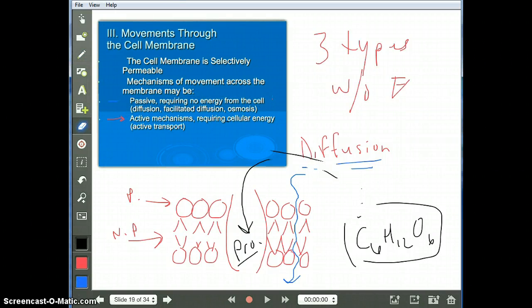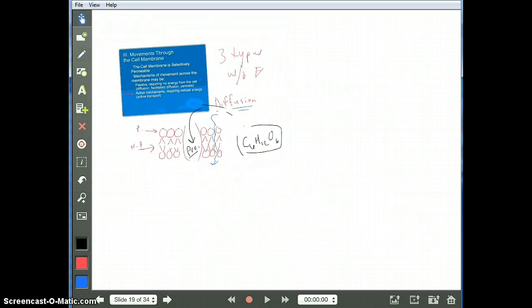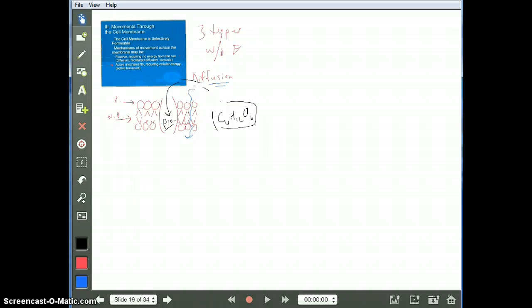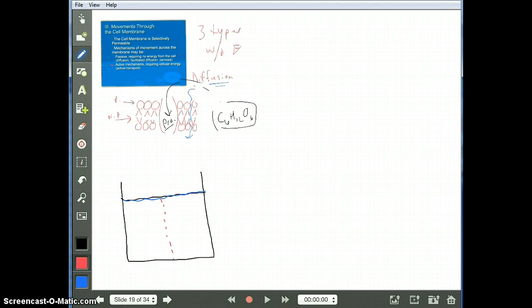So let's move this around here a little bit. We're talking about movement of water, or osmosis. If I take a beaker and I've got some liquid in it, let's make this blue so we can have some sort of a membrane separating it out. Say in here, it's just H2O, pure water.